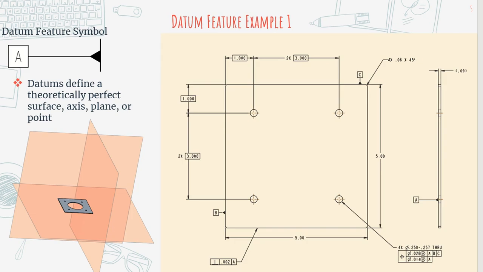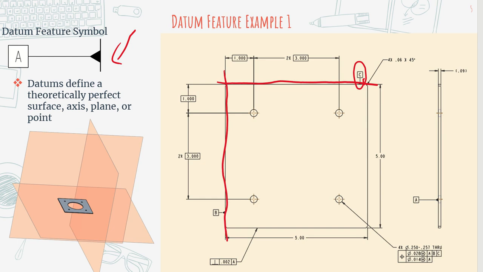A datum is represented by something that we call the datum feature symbol. The datum feature symbol looks like this, and it is essentially what defines your datum. So in this engineering drawing of the plate, we have a defined datum C, which means that this line should be where datum C is created, and this line is where datum B is created.